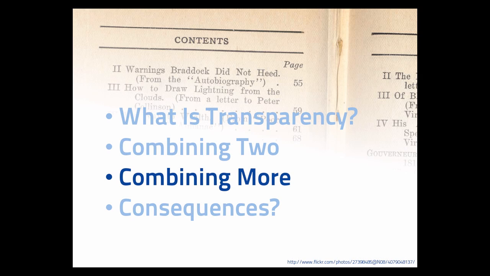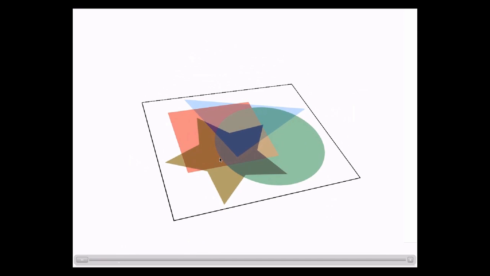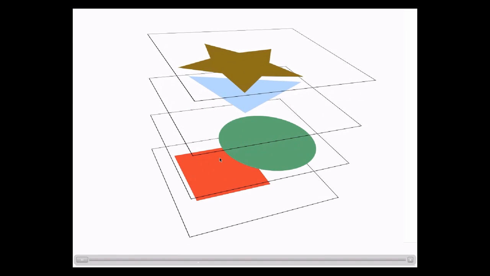Okay, so these are the main options we have for combining two objects, and we can take that to the next dimension by combining three or more even. And I've got another example here. We've already seen two objects of these. I've added on top of that a triangle and a star. So we have four objects combining with each other. How does that work? We're in for some interactivity, and we're going to see how this works. These are the four objects on top of each other.